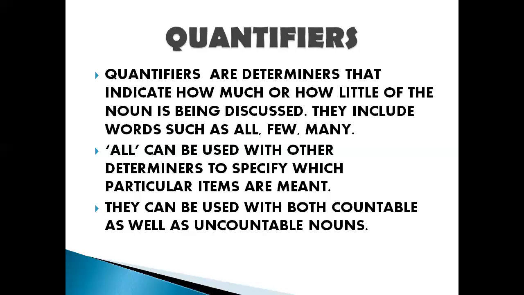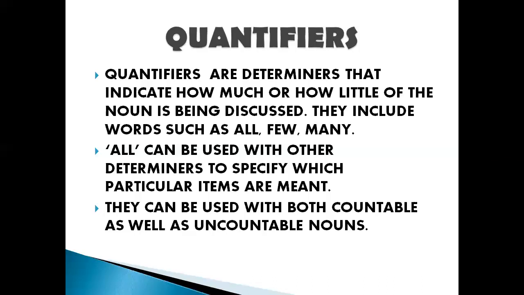So we can say quantifiers are determiners that indicate how much or how little of the noun is being discussed. They include words such as all, few, many. All can be used with other determiners to specify that particular items are meant. They can be used with both countable as well as uncountable nouns.